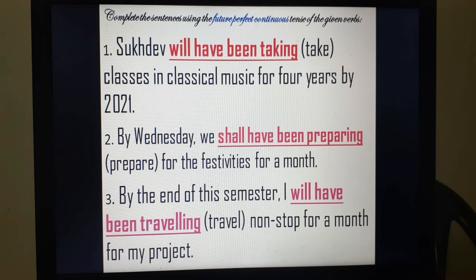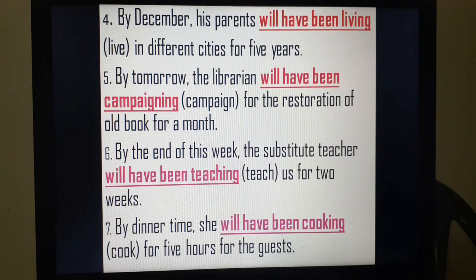Second, by Wednesday, we shall have been preparing for the festivities for a month. Third, by the end of this semester, I will have been traveling non-stop for a month for my project. Fourth, by December, his parents will have been living in different cities for 5 years.